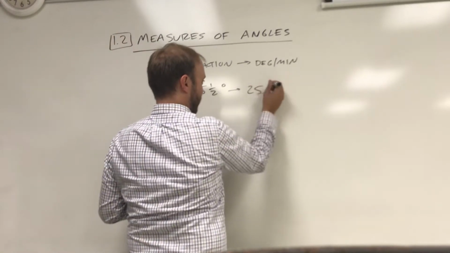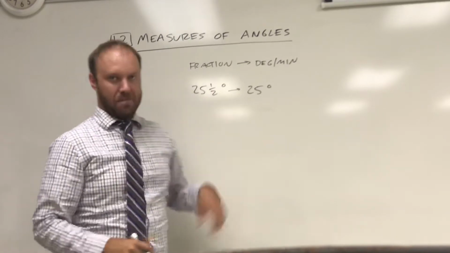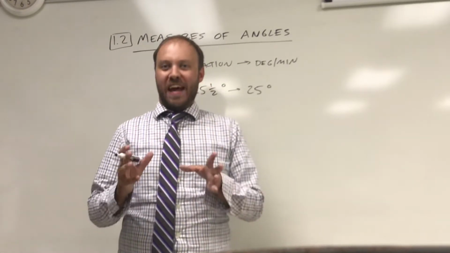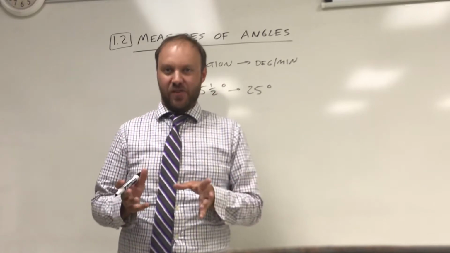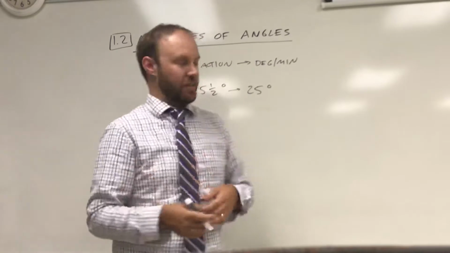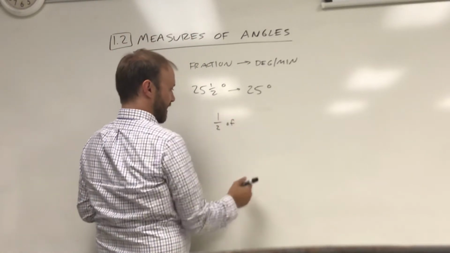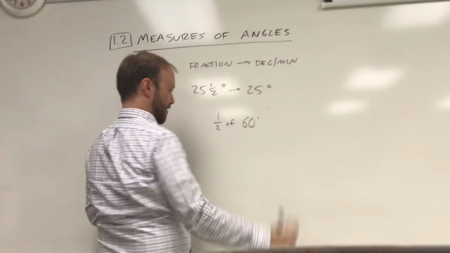So it's going to be 25 degrees, and then I've got a half of a degree, okay? Remember, each degree has 60 minutes in it. So you're really trying to figure out how many minutes would be in half of a degree. So I'm not using a fraction, okay? So I can take 1/2 of 60 minutes, right, which would be the same thing.